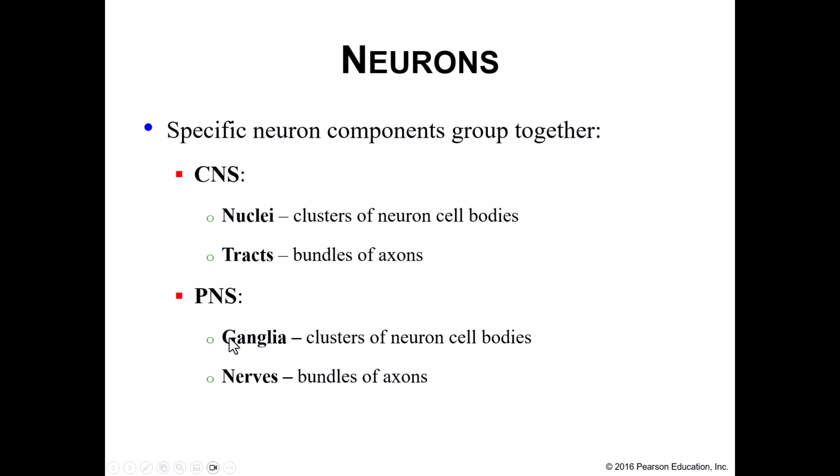We don't have a lot of neuronal cell bodies out in the PNS. The majority of our neuronal cell bodies are going to stay in the CNS. And the axons that come off of the neurons and go out into the PNS are our nerves. So those bundles of axons in the PNS are called nerves. Bundles of axons in the CNS are called tracts.